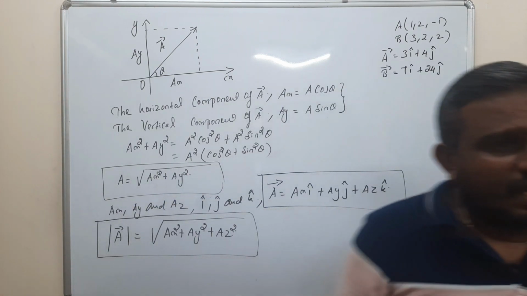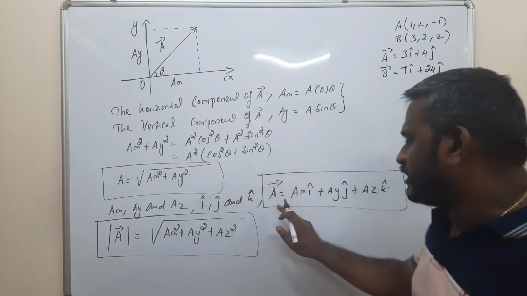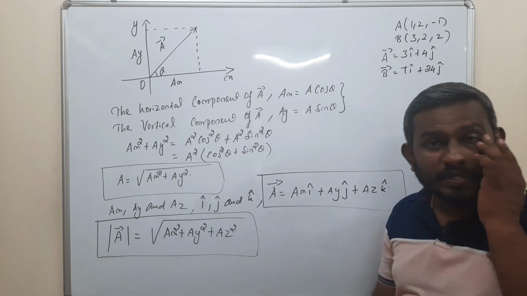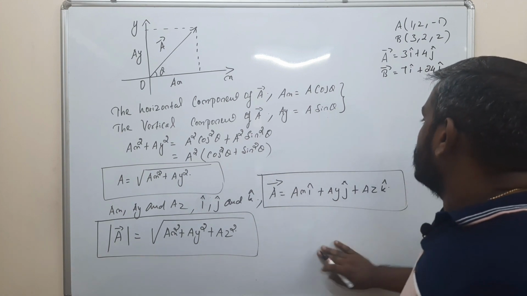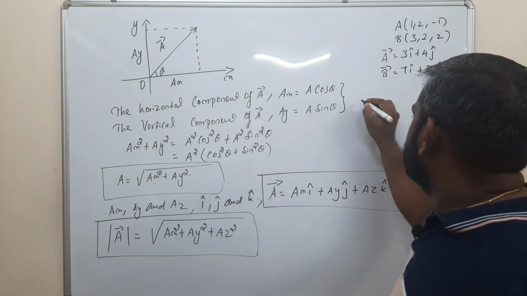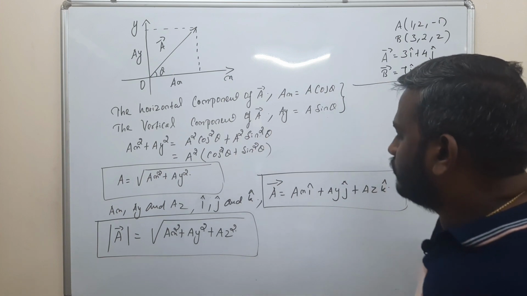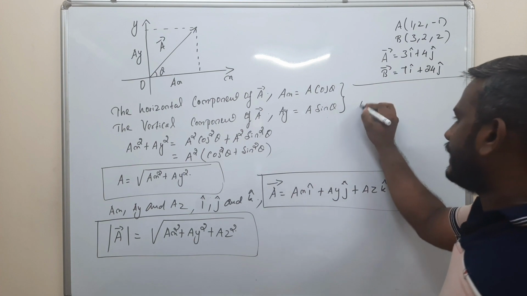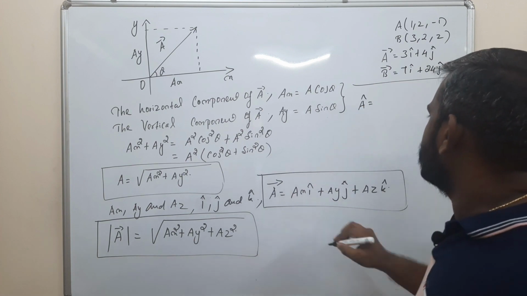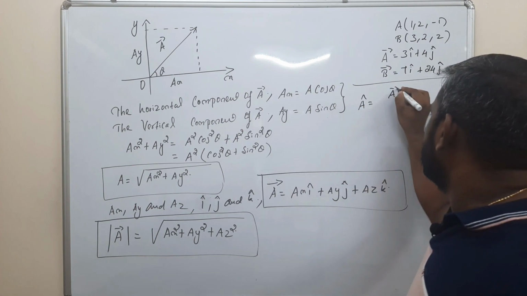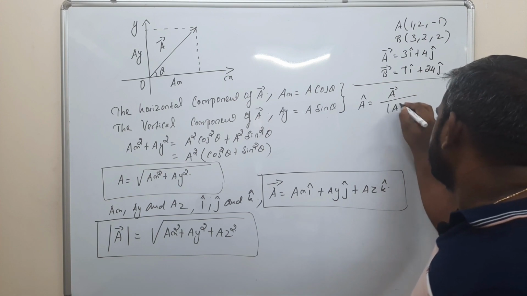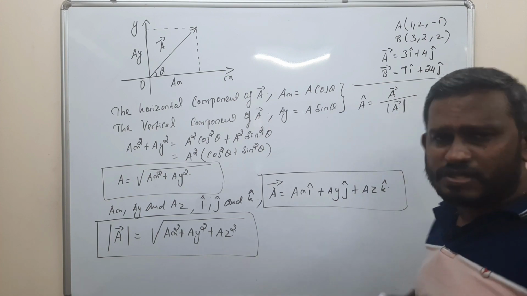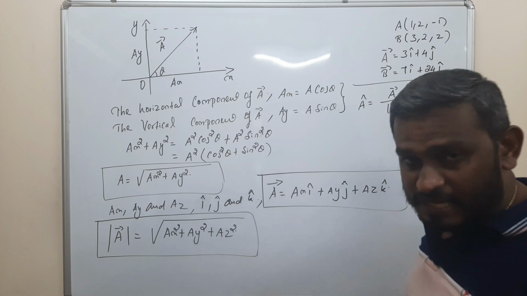What is the unit vector along this vector? We can write the formula: A cap, the unit vector along this vector, is equal to A vector divided by mod of A vector. These are the things we have discussed in the previous topic.